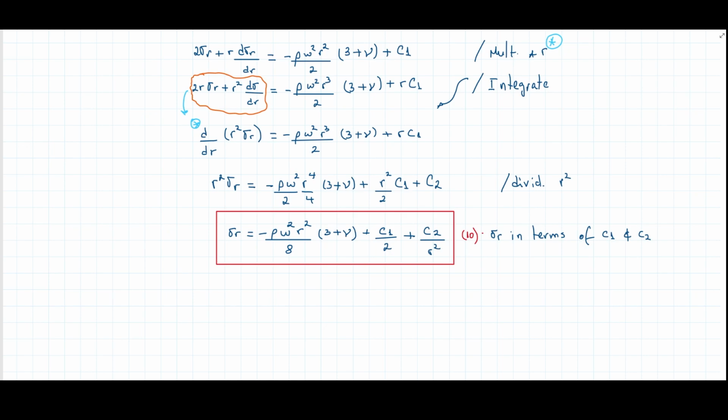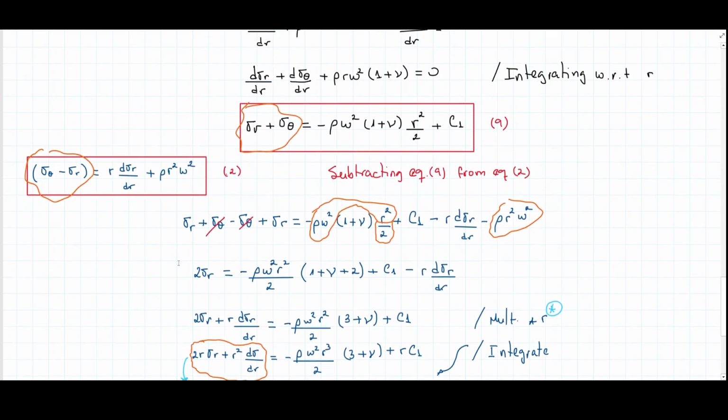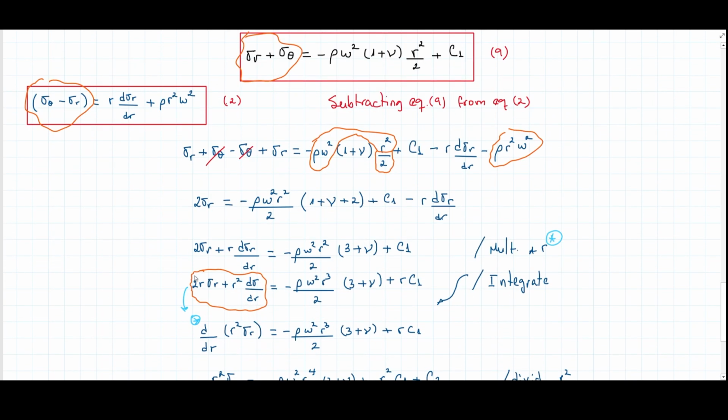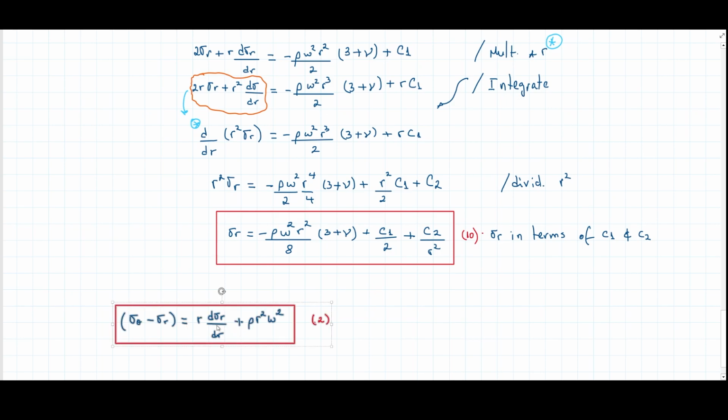Okay, now about how we find the formula or equation for the circumferential stress. Well, again, equation number 2, our best friend, this one here, I believe I still have it in the clipboard.